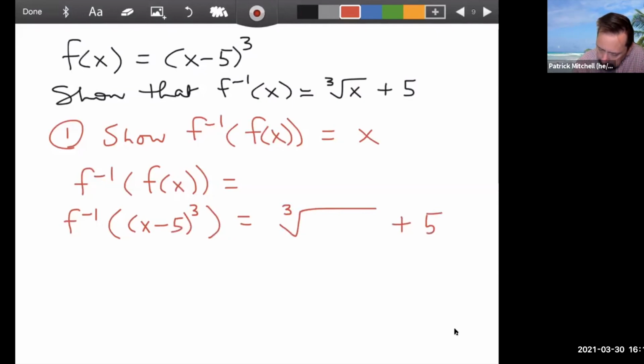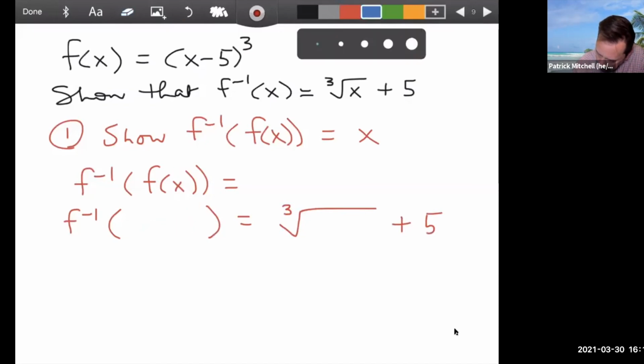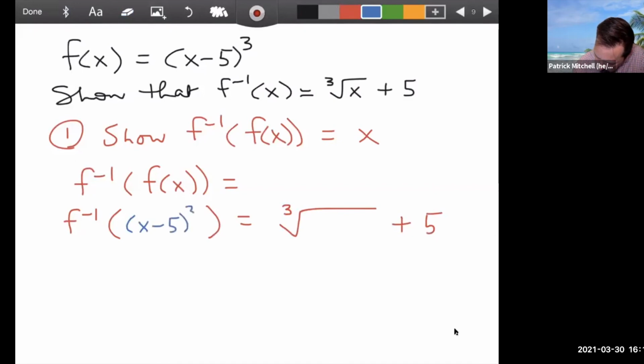I always think that it's helpful if we do a little bit of color coding with these, so let me put this in a different color. At least I hope it's helpful. So the x got replaced with x minus 5 cubed.